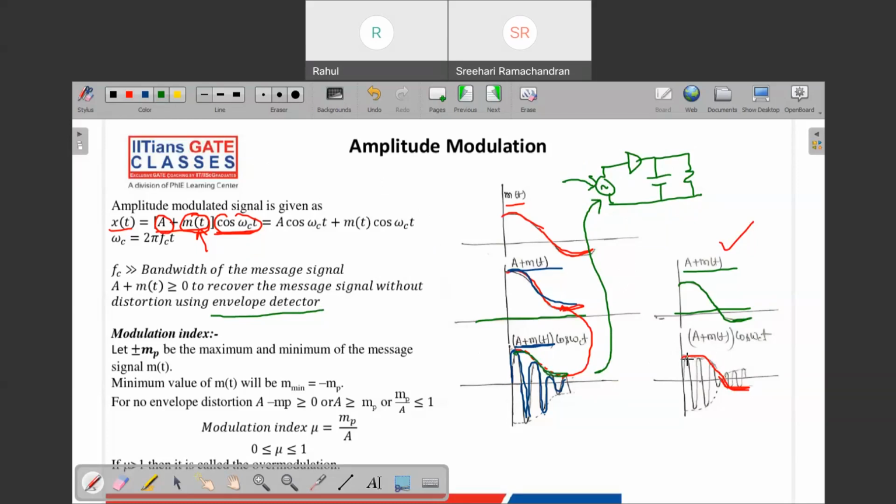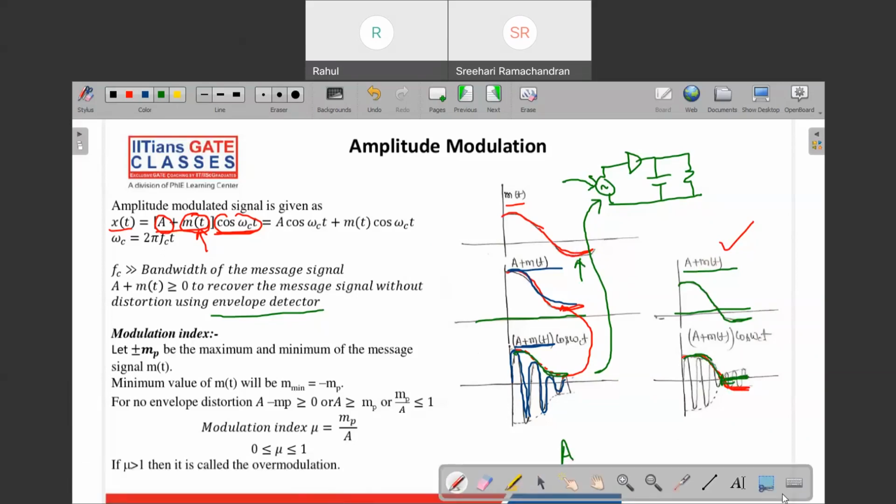But in the second case, it will detect correctly till this point, but after this point it will become zero. That is the problem here, that we are not able to get back to our original message. Our original message was not zero. Here we are getting flat.